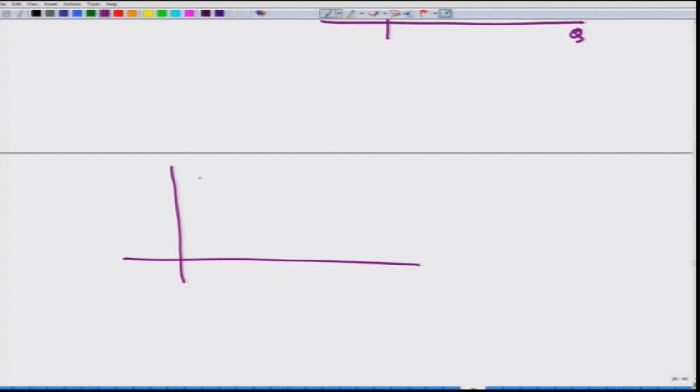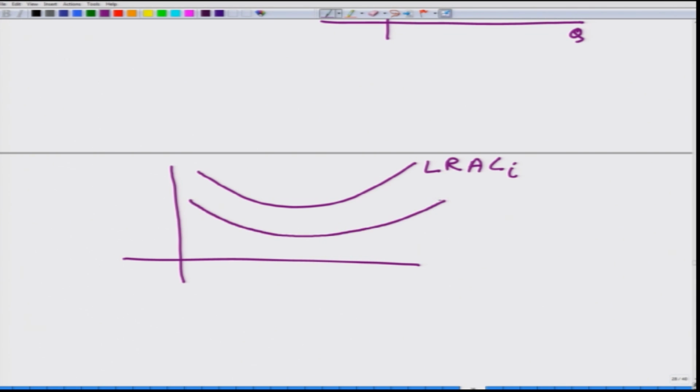So, let us say that this is the long run average cost curve for all the firms, and here is the long run average cost curve for this special firm, special S.